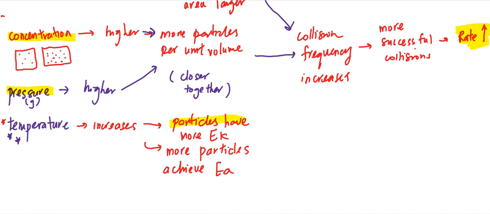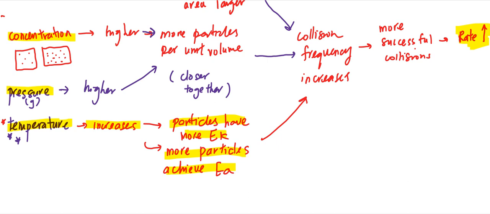They will always ask you this question about temperature, and you must always answer these two things. Why is it when the temperature increases, the rate increases? Because more particles have activation energy and the particles have more kinetic energy. So the particles will have more collisions and more successful collisions, and the rate of reaction increases.